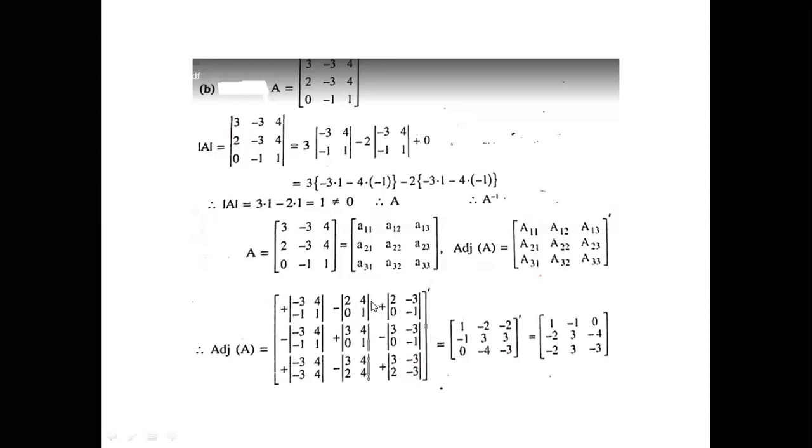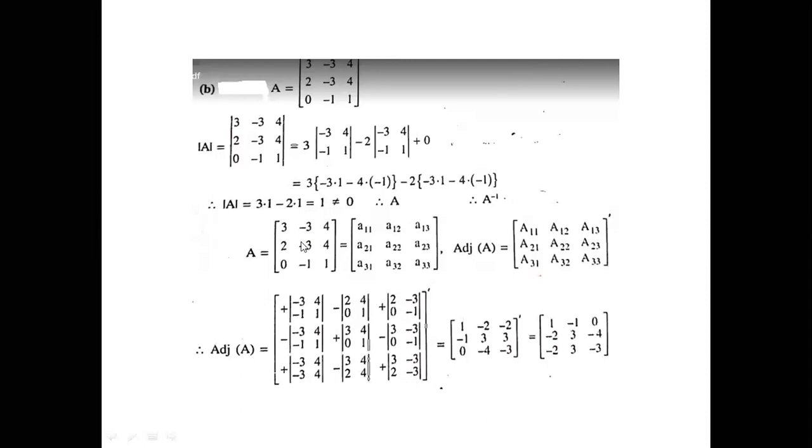Now the cofactor of 4: we cancel out this column and this row. What remains is 2, minus 3, 0, minus 1. Now the cofactor of 2: we cancel out this row and this column, leaving minus 3, 4, minus 1, 1.